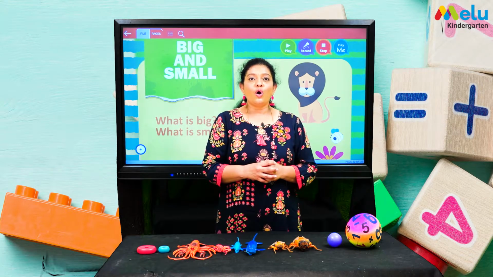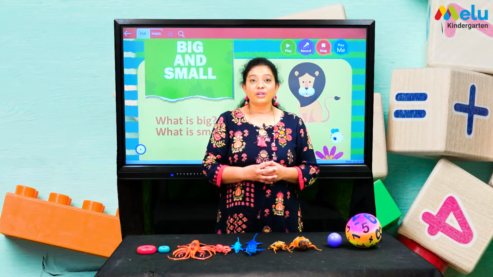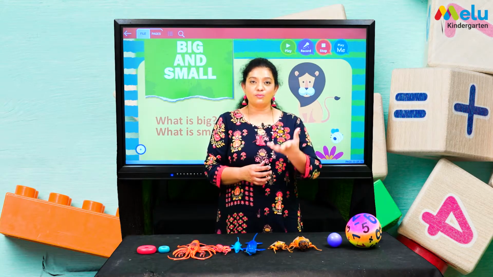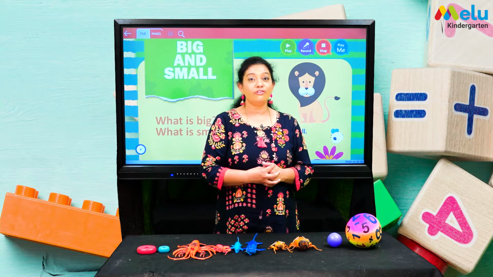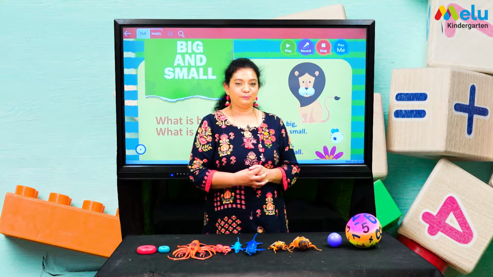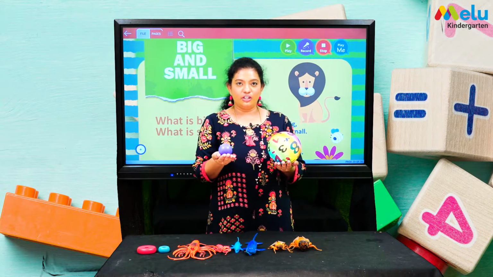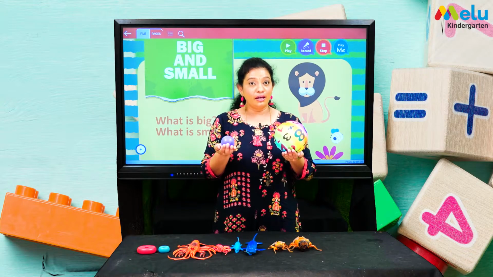Right. So I will take one in my hand and let us have the examination on that and will tell which object is big and which object is small. Okay, shall we do that? Yes. See here, children. I have 2 balls in my hand.